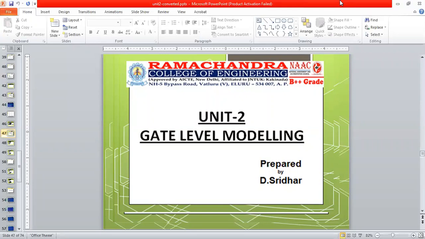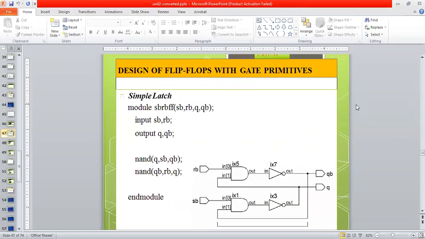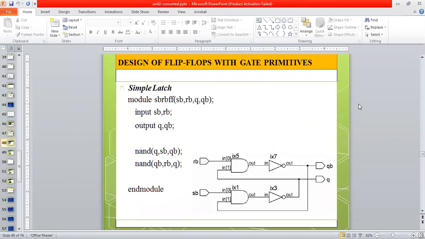So now I'll talk about the implementation of gate level modeling by using Verilog HDL. Okay, students, so I'll go to the implementation in Verilog HDL. Here I would like to implement these gate primitives by using Verilog HDL.